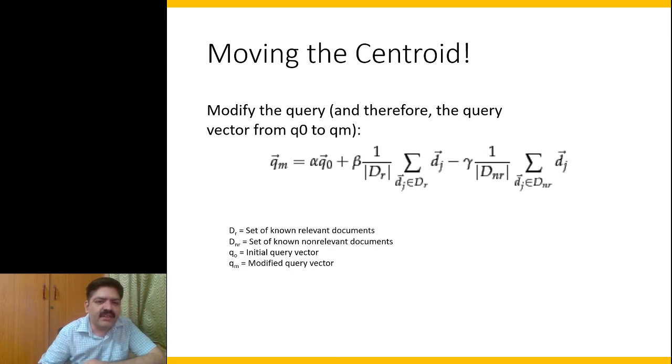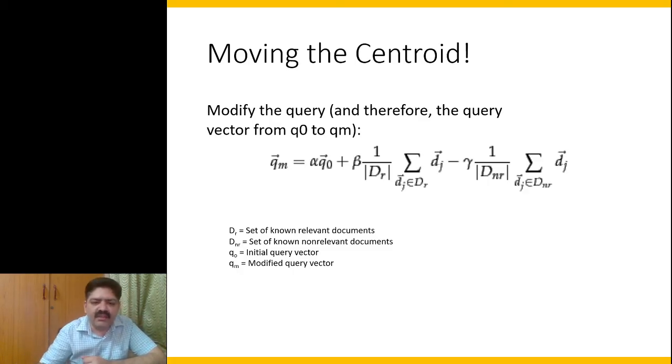So if the initial query vector q naught has certain terms with certain weights, then what we are trying to do is include terms with weights from the relevant category and remove or reduce some terms and some weights from the non-relevant category. So that's what the pluses and the minuses are doing here. We use alpha, beta, and gamma as constants to help us scale sufficiently so that we have a q m which now acts as a new centroid, so that I can cover the maximum amount of relevant vectors.